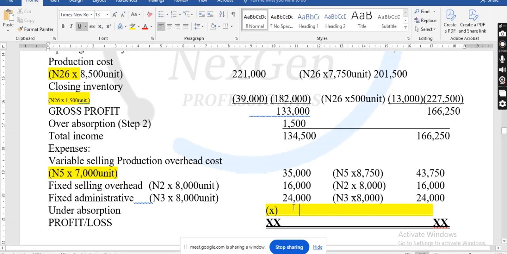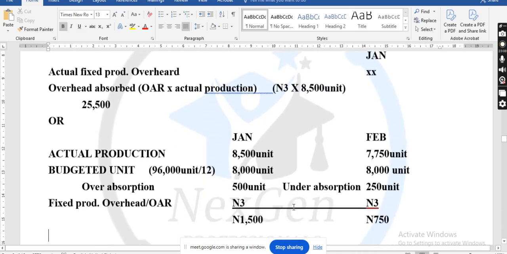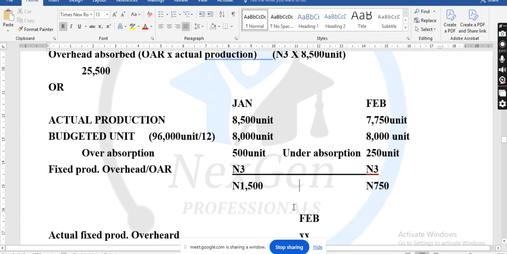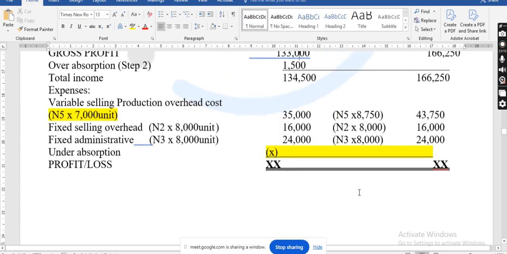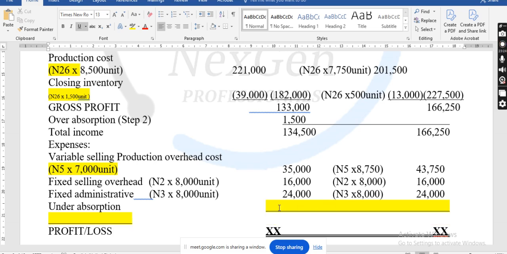What do we have here as the under absorption? So it's 750. 750, class. We have 750, right? It is for February, not for January, right?